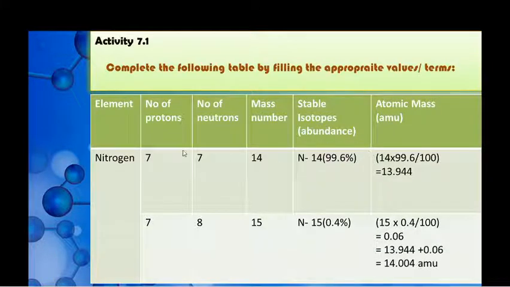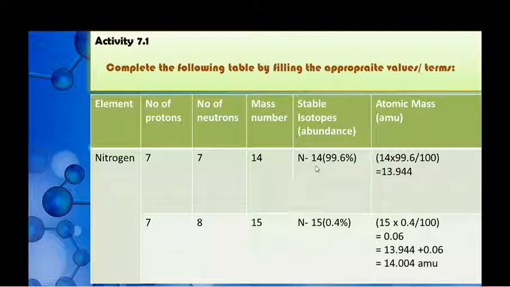Okay, so in this last column we are going to find the average atomic mass of the nitrogen element. Listen carefully. This is another stable isotope of nitrogen. The number of protons is 7, the number of neutrons is 8, and the mass number is 15, since 7 plus 8 is 15. So this is the N15 isotope. The nitrogen has two stable isotopes.